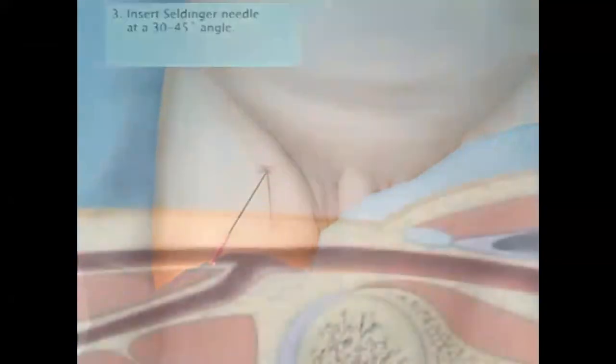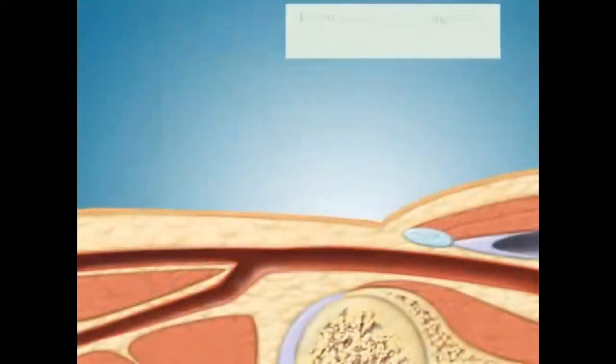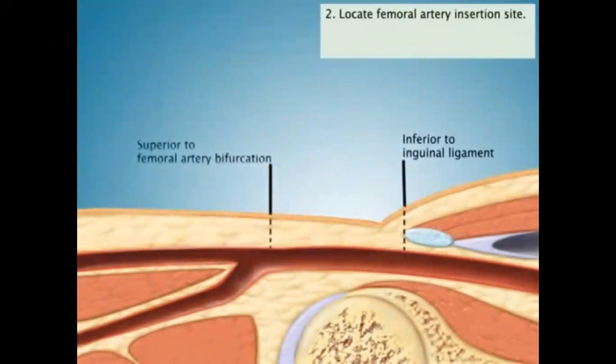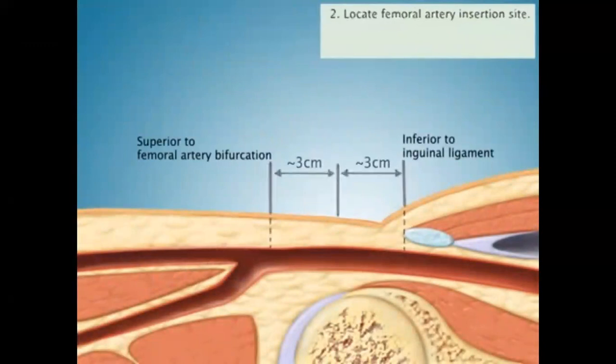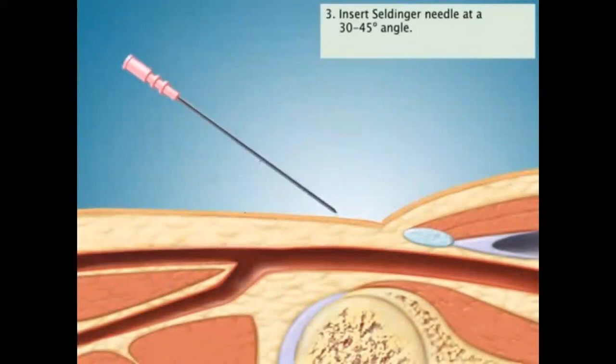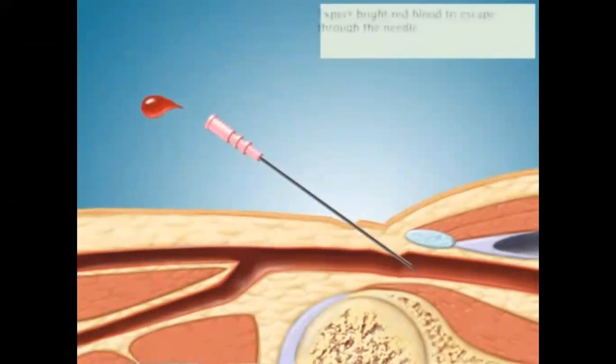It's the needle. So this is the wire that's typically that J wire that's got the curve on the end.